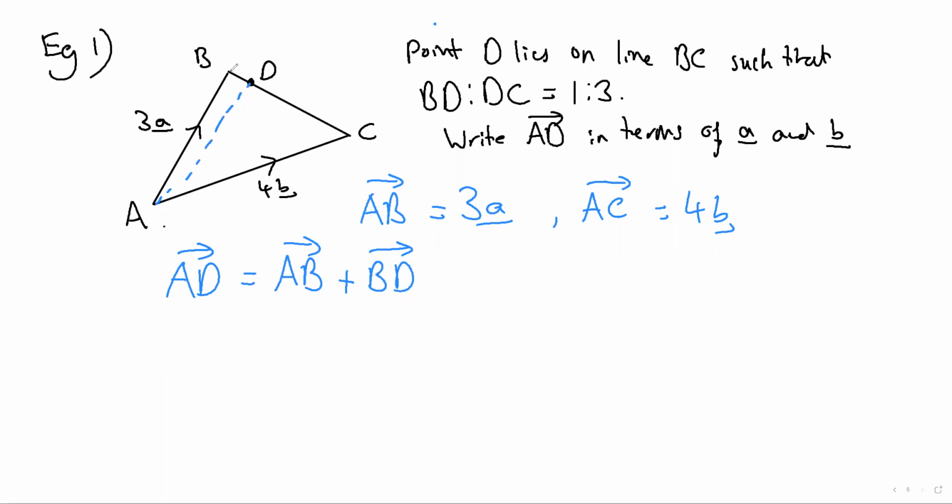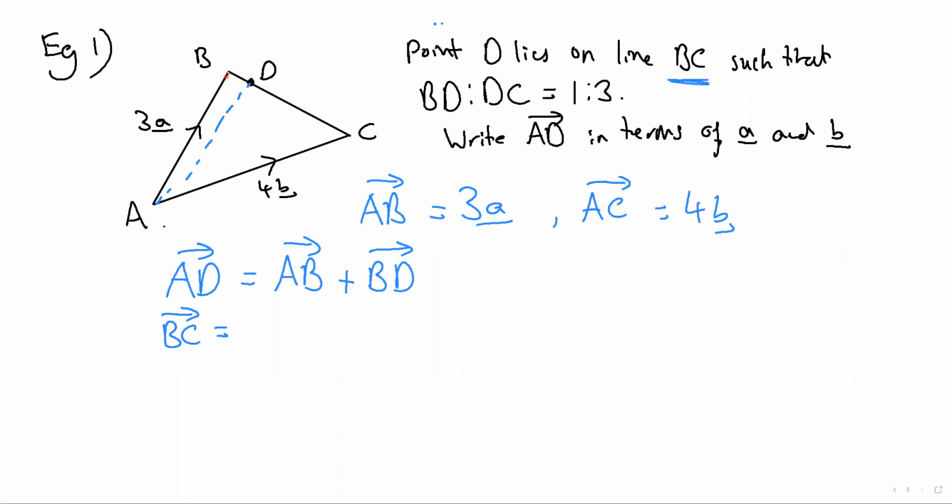BD is this vector here, that one. We don't know BD, but we know where it lies on BC. So let's try and figure out what BC is. Well, again, we don't really know how to get directly from B to C. We don't know this vector. But what we do know is that we can still get from B to C using another path.